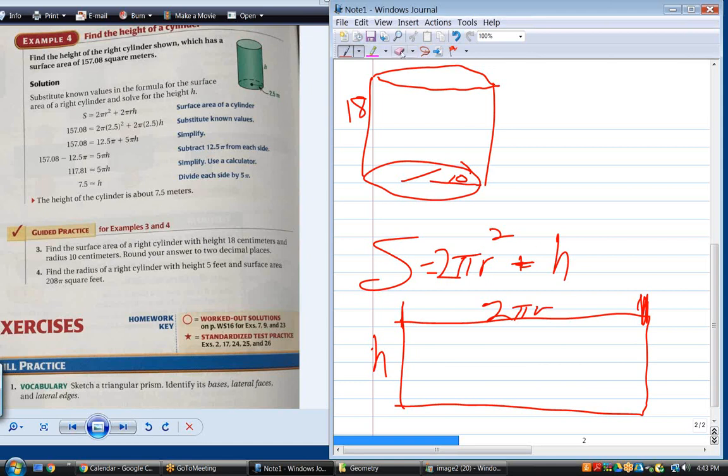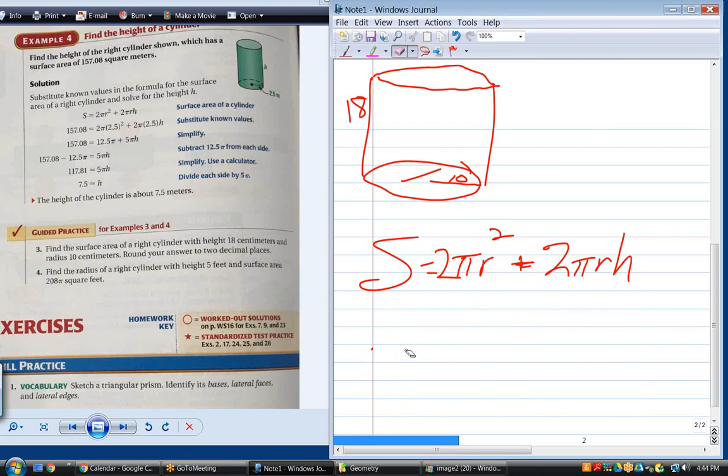So it's 2 pi r times h. Okay. Now they've given us the radius and they've given us h.